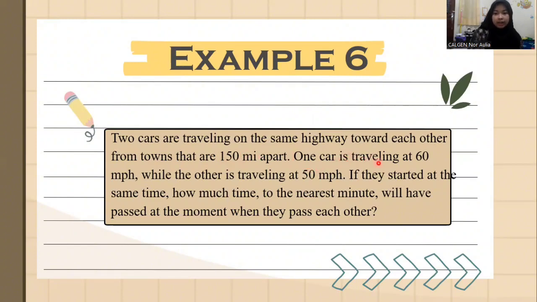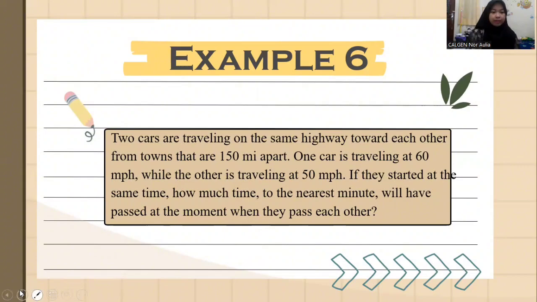One car is traveling at 60 miles per hour, while the other is traveling at 50 miles per hour. If they start at the same time, how many minutes will have passed at the moment when they pass each other?